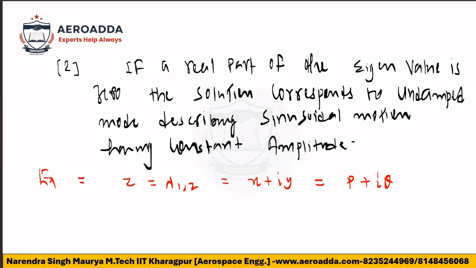So if p is 0, we have only iq, meaning pure imaginary. If it is pure imaginary, then what type of oscillation will you have?